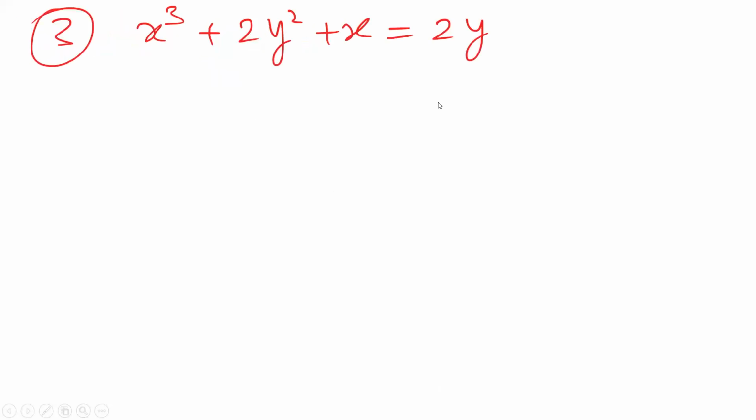And the third question we are also solving here so that we will get more clarity. If you have any doubt, then I hope you will clear it in this question also. So here you can see that this is my implicit function, but we cannot write it into an explicit function.